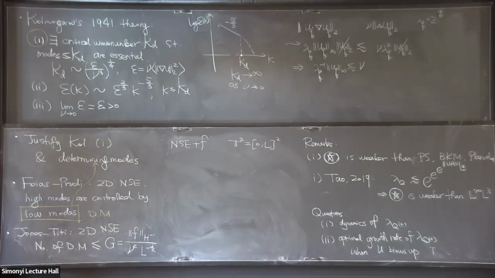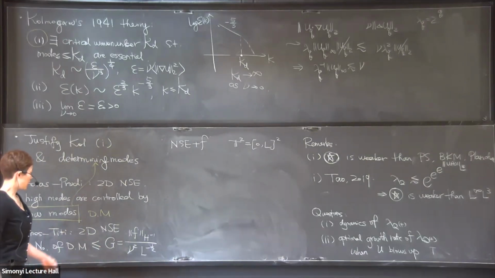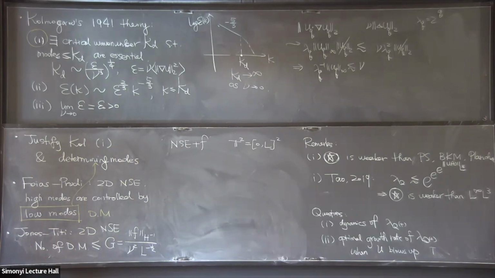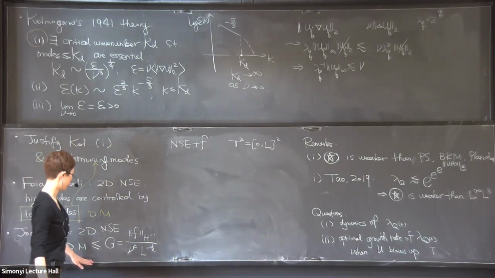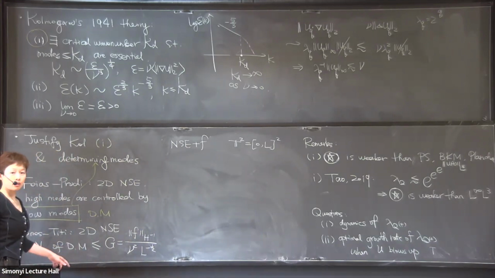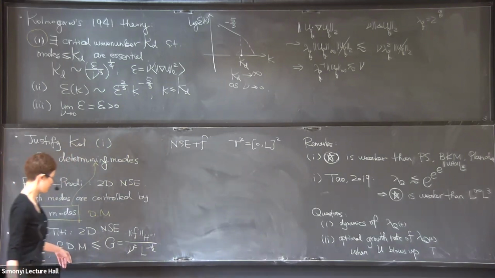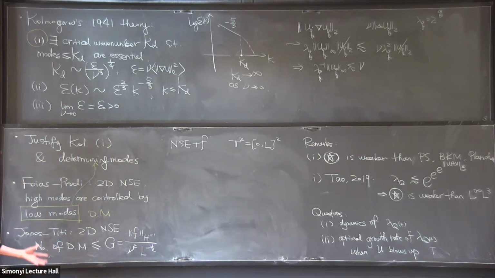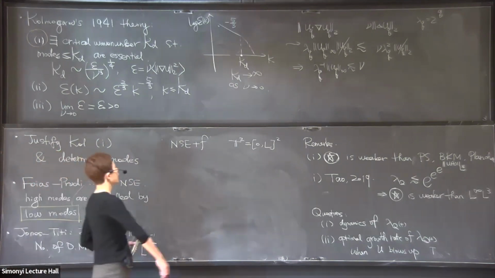In 2D, we know that solutions are regular, so we have bounds on higher norms. Those results were obtained by classical energy methods. However, in 3D, the situation is much harder since we don't have global regularity.